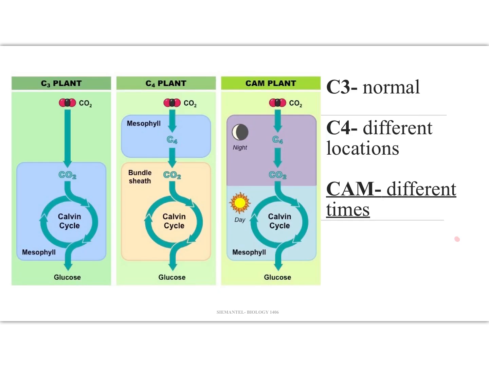Okay, and here's a quick little schematic to compare the three side by side. So we tend to think of C3 photosynthesis as normal, where the two reactions are happening, one in the thylakoid, one in the stroma. Carbon dioxide's coming in. We are running the Calvin cycle in the mesophyll cells, and then we are creating G3P and ultimately glucose, and we're done.